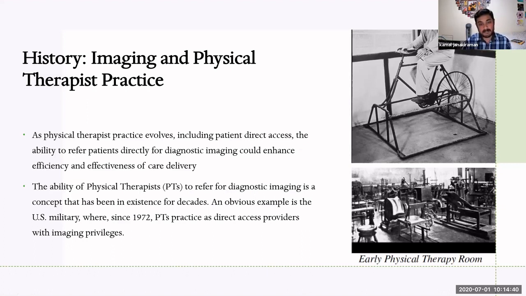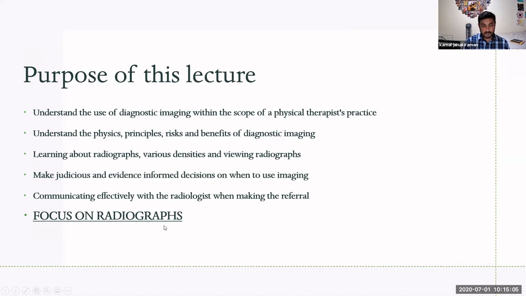The ability of physical therapists to refer for diagnostic imaging is a concept that has been in existence for decades. An obvious example is the US military, where since 1972, physiotherapists practice as direct access providers with imaging privileges. So it's been that long since PTs started providing imaging referrals.